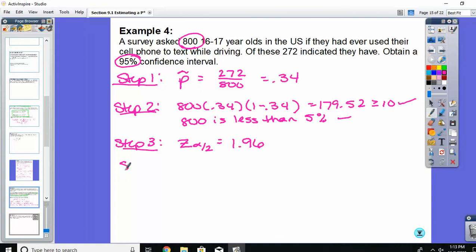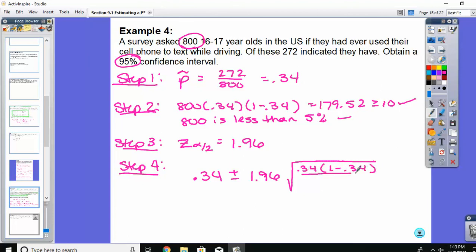So then, step 4 is the confidence interval. So, your confidence interval is basically your p-hat. Can I just write it as plus and minus so I'm not confusing them? Your z times the square root of p-hat, 1 minus p-hat, over n.